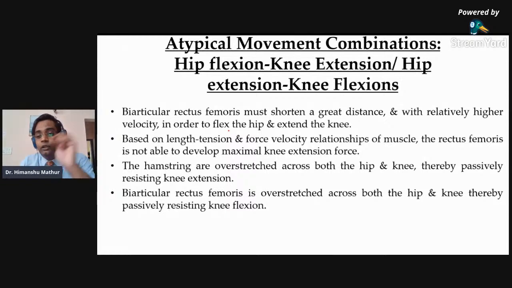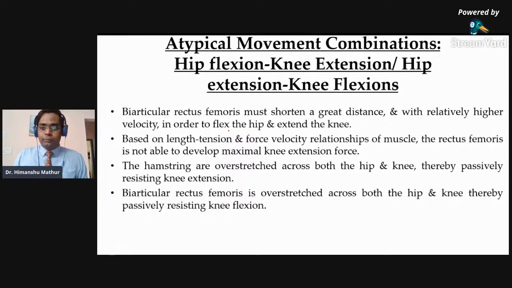But since along with the gluteus maximus the hamstring is also getting activated, your knee joint goes into flexion along with the extension of the hip joint. Okay, that is the force couple of the gluteus maximus and the hamstring. They cause extension at the hip joint and flexion at the knee joint. And your rectus femoris along with the vastus group is causing flexion at the hip joint and extension at the knee joint. I think that must be clear.